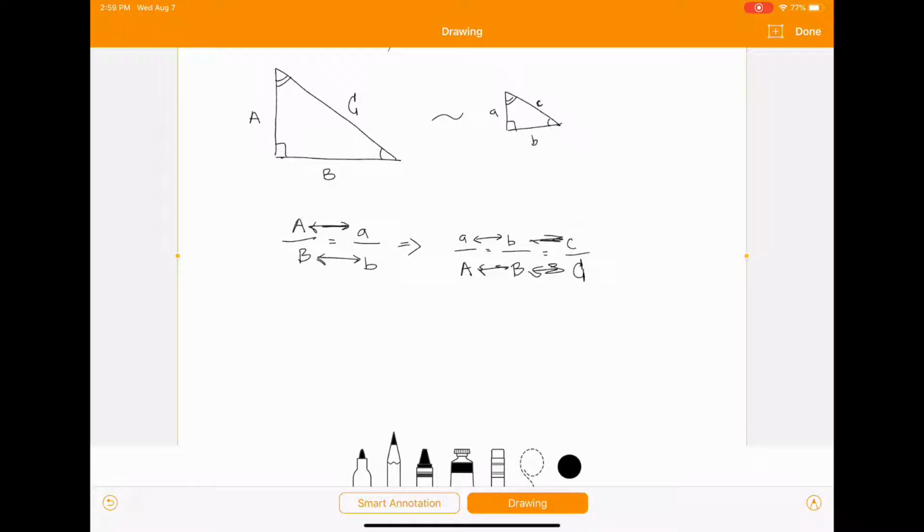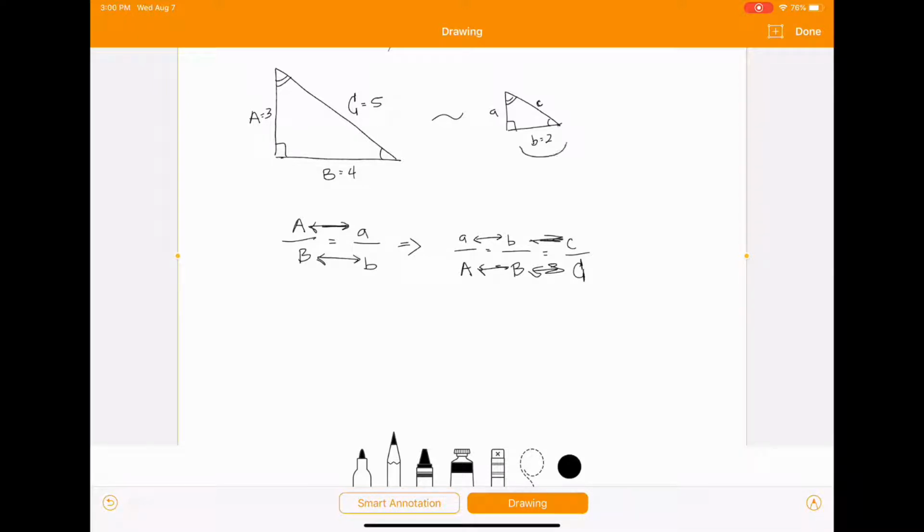you're putting certain things. So for example, if we set this up so we know that B equals 4, A equals 3, and C equals 5, and we know that little b equals 2, and we don't know little a and little c, then we can go ahead and use one of these proportions to figure that out.